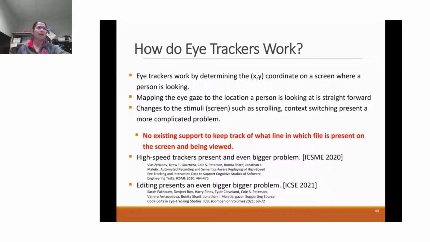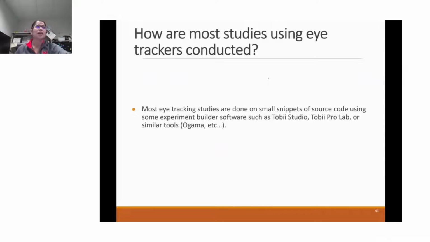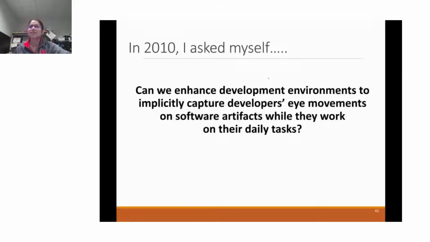So my question, I'll come back to the other two, high-speed trackers and editing in a minute, but the question I was trying to address is, I looked at even software that you pay for. None of them use this. So there was at the time Tobii Studio, there was Ogama as an open source system. The same thing, it uses the images.